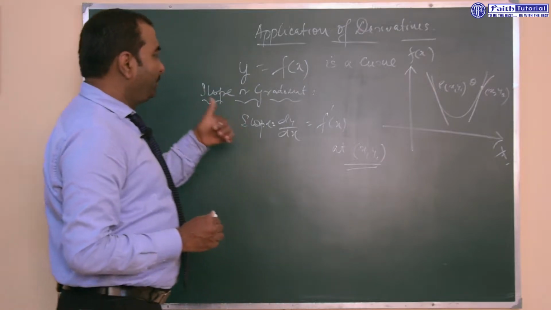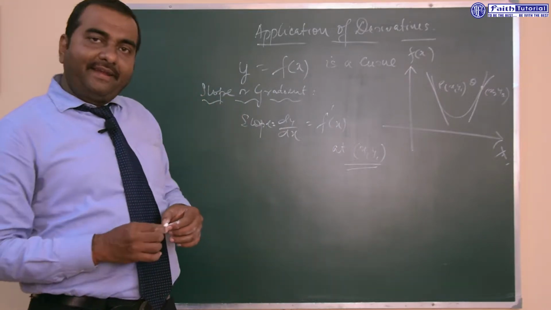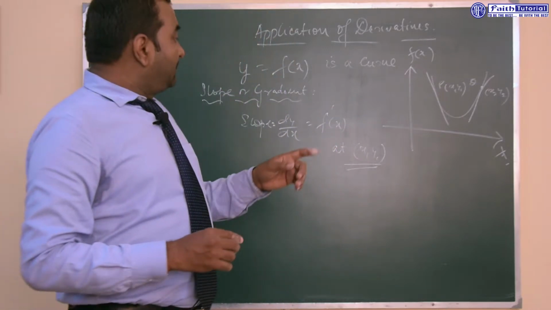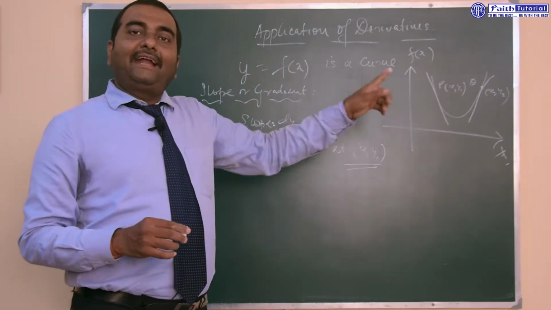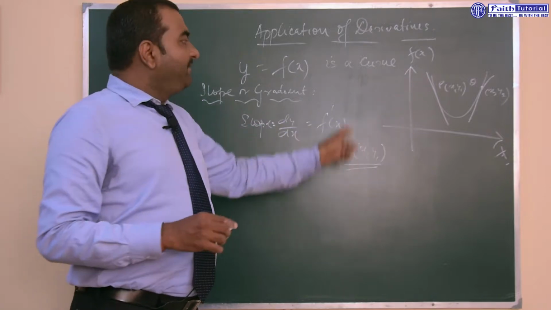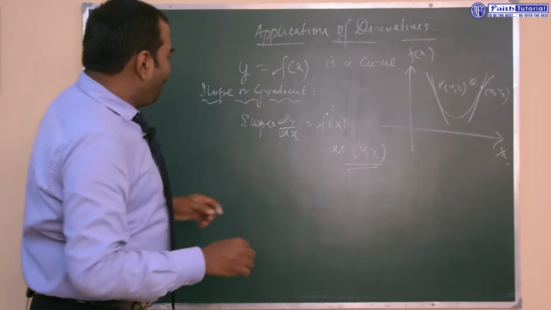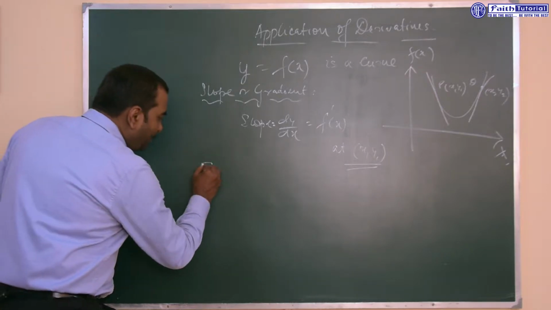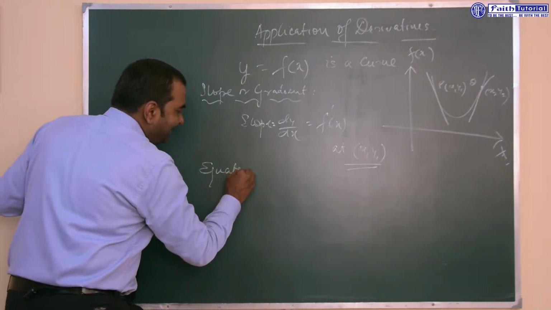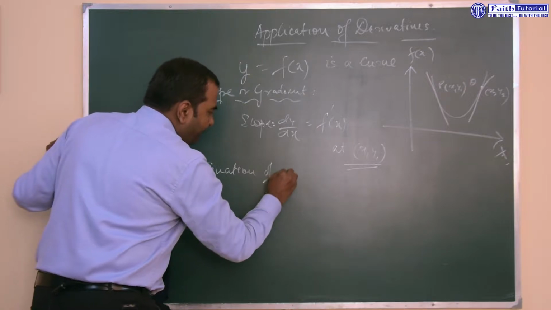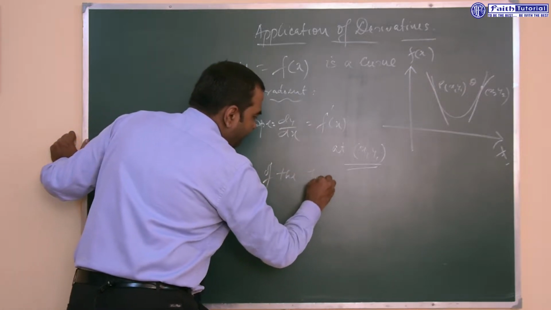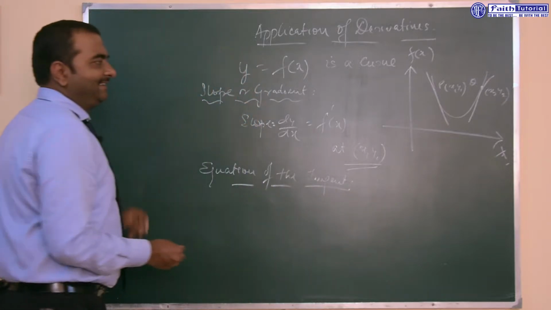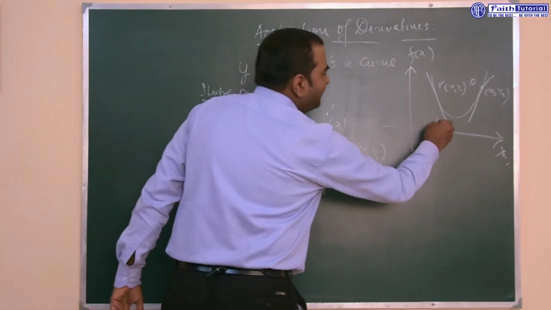We have to learn how to calculate the slope or the gradient, that's dy by dx, and then we need to understand that the slope or the gradient at that particular point will be different from the others. The other thing that remains is the equation of that tangent T1 which we are talking about.